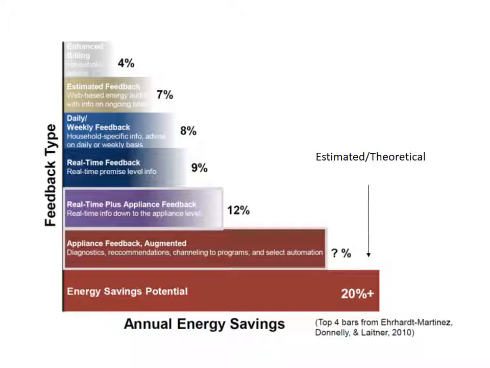But in theory, people have estimated that we could potentially achieve greater than 20% energy savings if we had fully integrated smart meter data. In other words, every household and commercial building was equipped with a smart meter, and that information was disaggregated down to the device level.